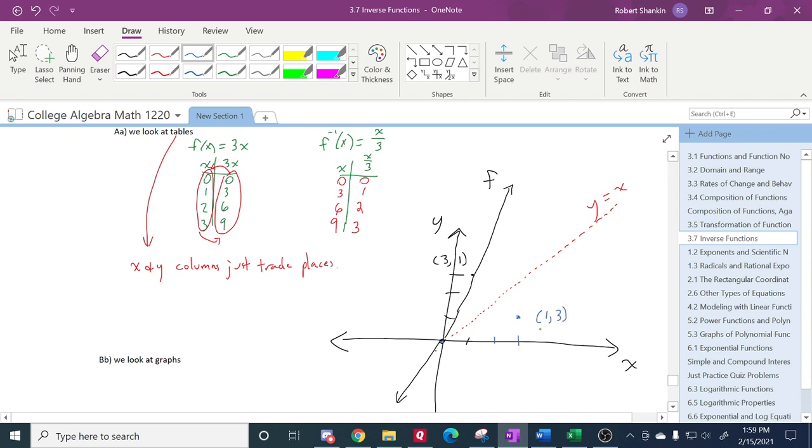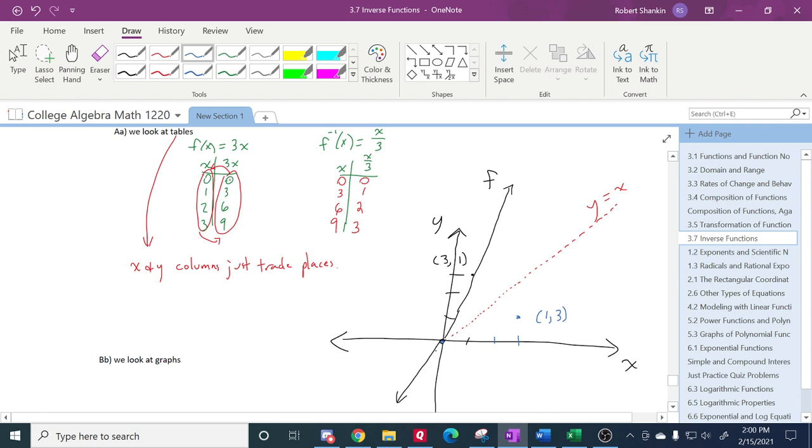Now, what will happen every time you turn the coordinates around: if you lie on this dotted line, so on the line y equals x was the point (0, 0). That one doesn't move at all. (0, 0) and the new point (0, 0) are both the same point. If it's on this line y equals x, it doesn't move.